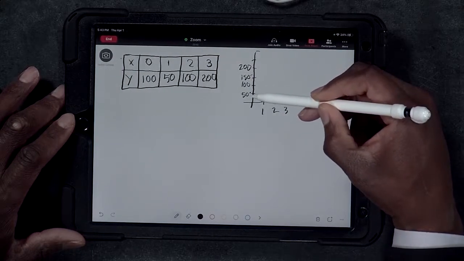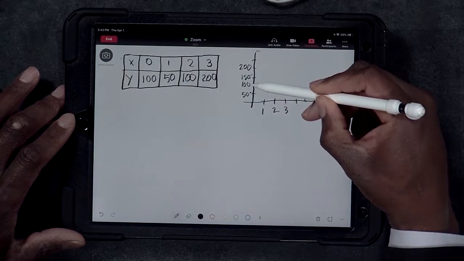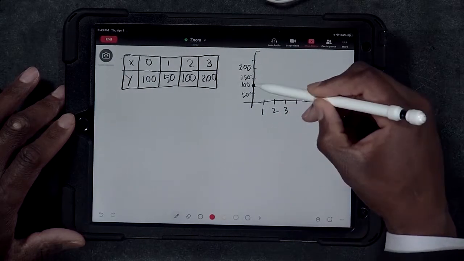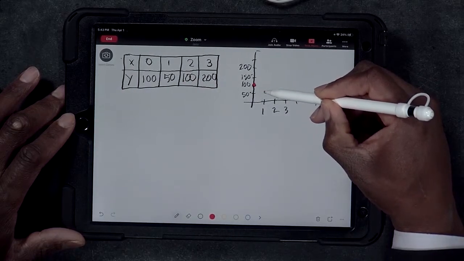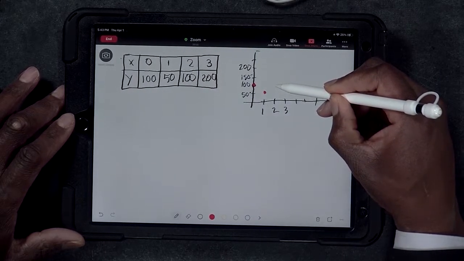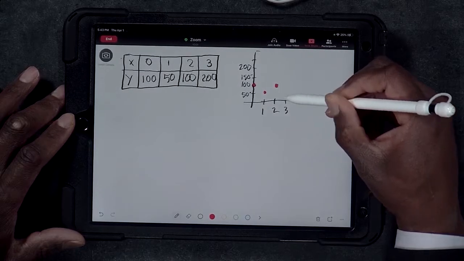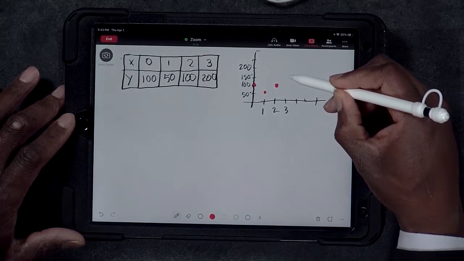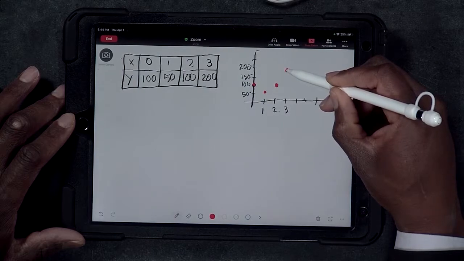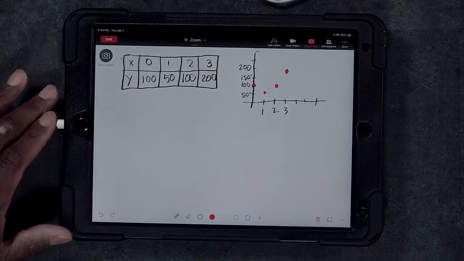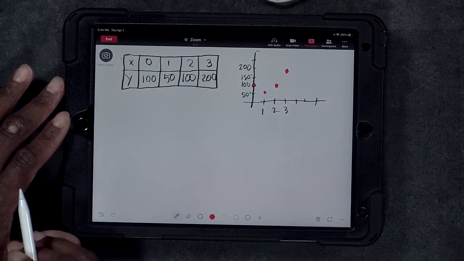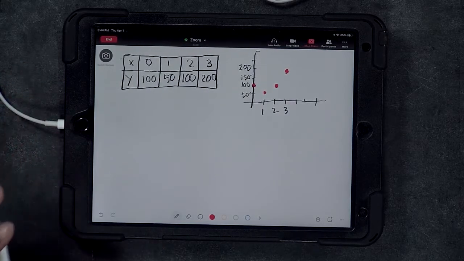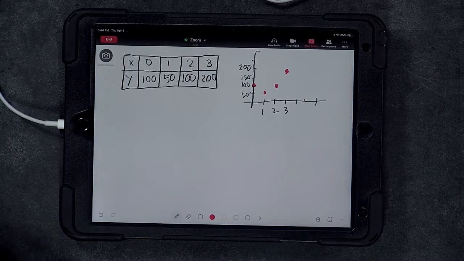We've got 0, 100. We've got 1, 50, and 2, 100, and 3, 200. You can see that this is somewhat scattered. So it's not perfectly linear. You don't have the constant slope, sometimes it's called, that we had in previous problems.